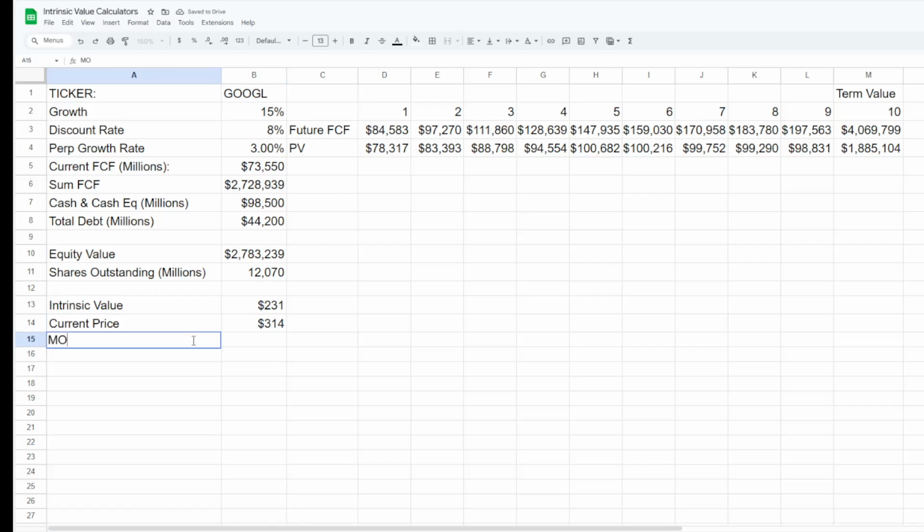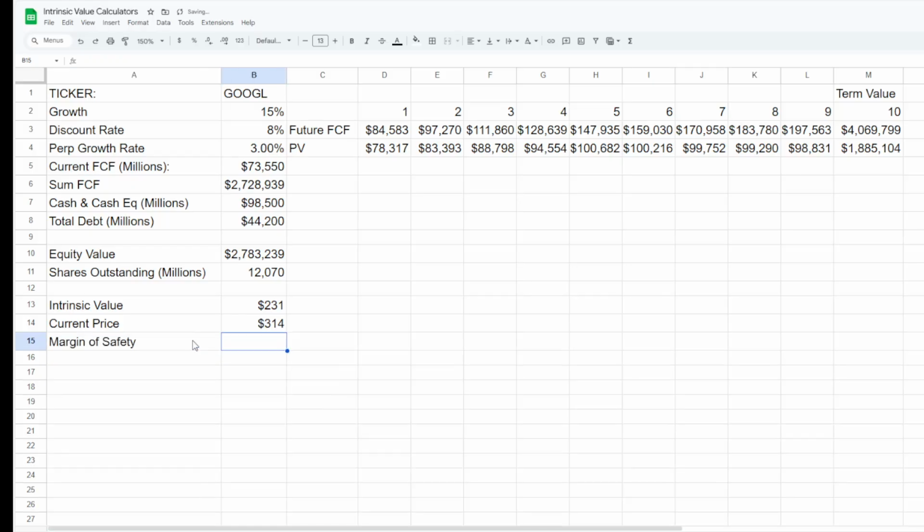And so finally we can compute the margin of safety. Okay, how do we compute the margin of safety? It is equal to, parentheses, what we think the intrinsic value is minus the current price divided by what we think the intrinsic value is.